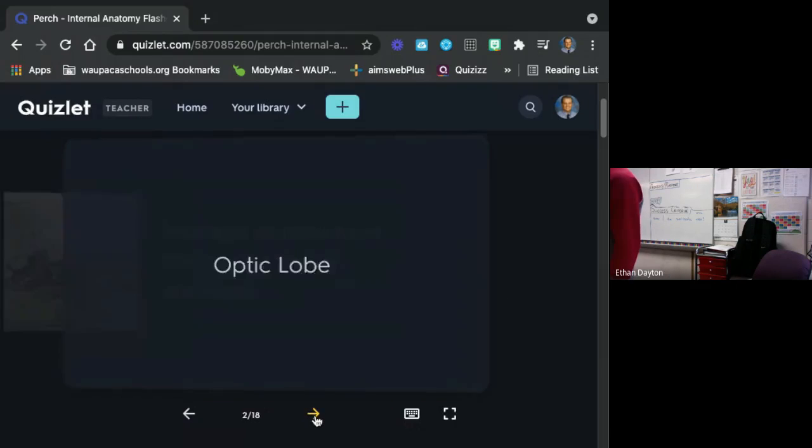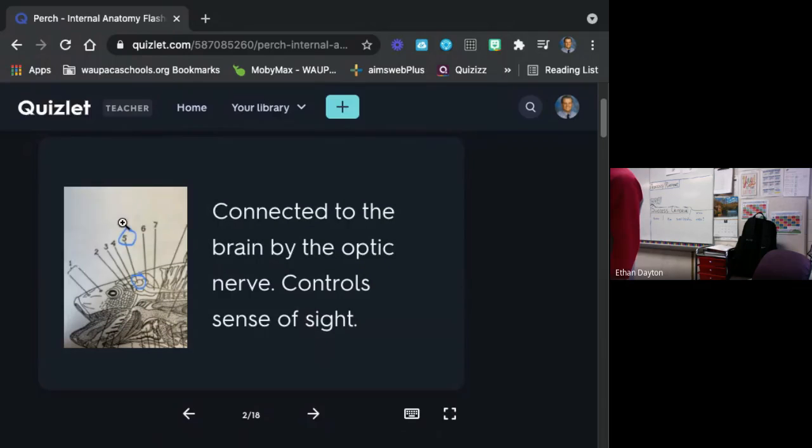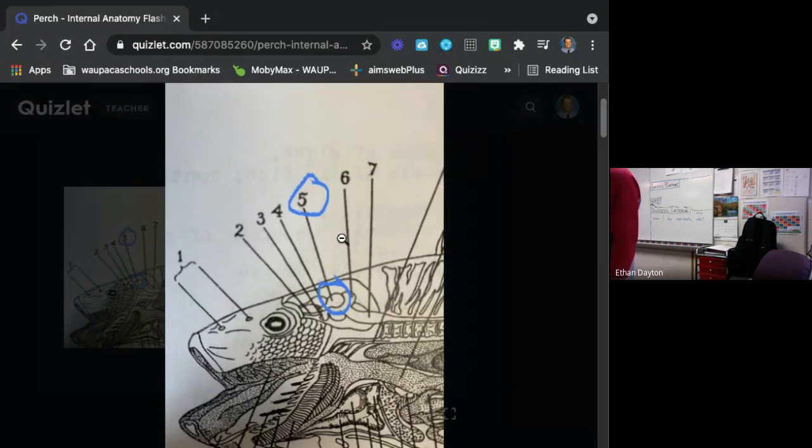All right, our optic lobe, one we did not talk about much. It's number 5 on your study guide. Anyone ever been to an optometrist? If you have glasses, you might have had to go to an optometrist. That's an eye doctor. Optic has to do with sight. It's up near the eye, but it's not the first little lobe here.